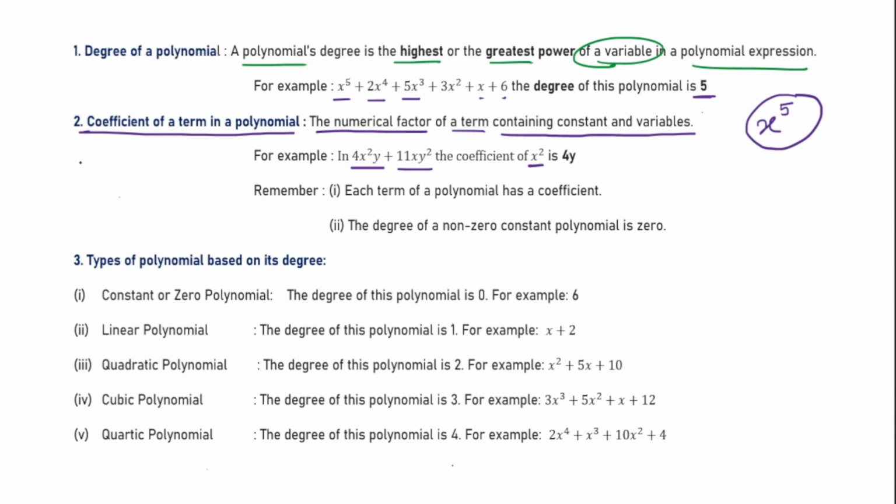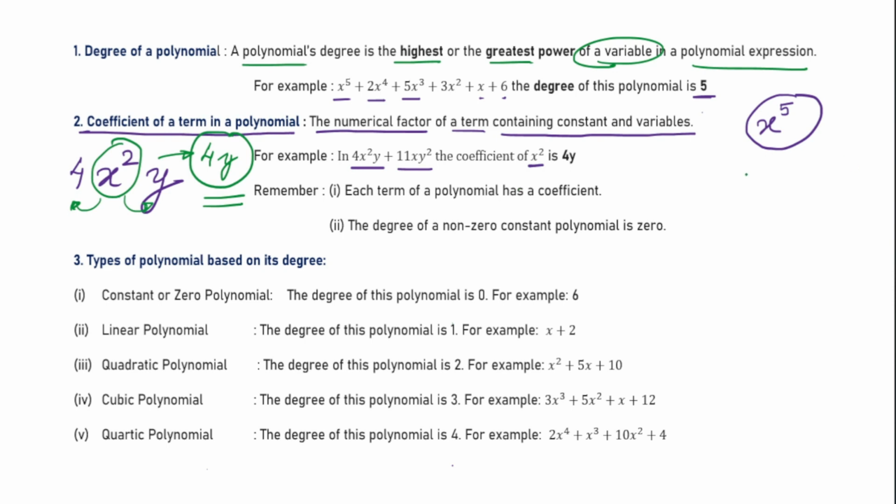In that case, let me write this term separately that contains x square. So for finding the coefficient of x square, we are going to look for the company of x square. So along with x square, you have 4 and you have y. So its coefficient will be 4y.